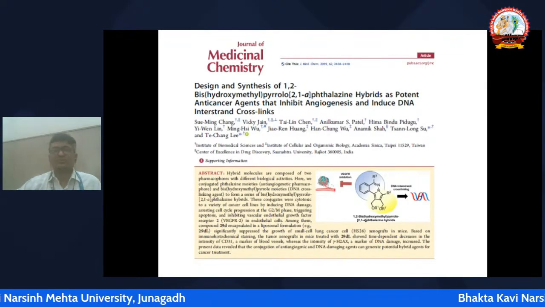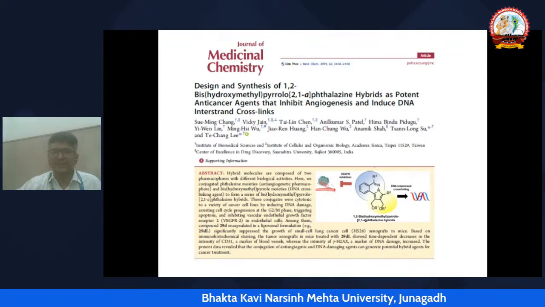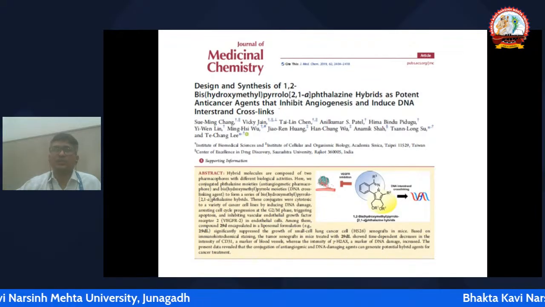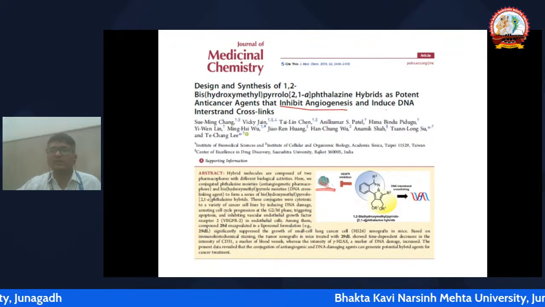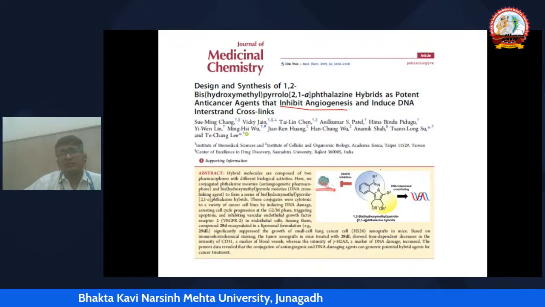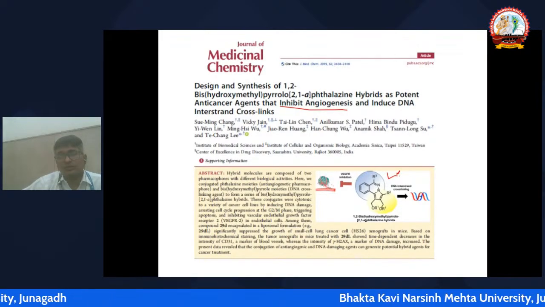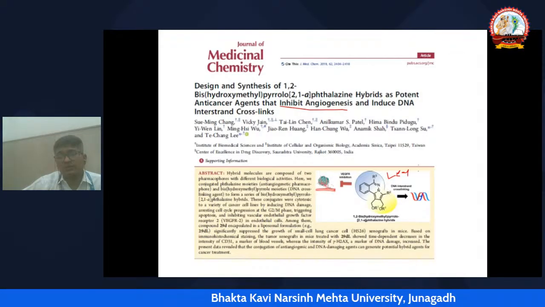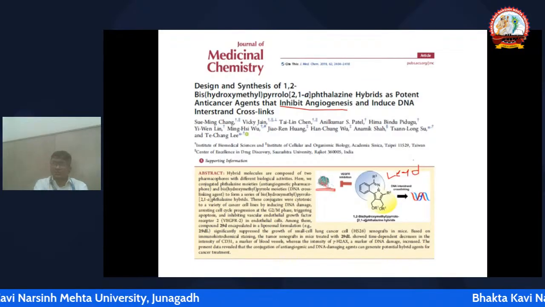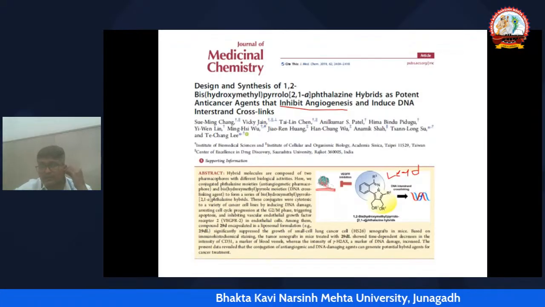It shows inhibition of angiogenesis activity as well as induction of DNA interstrand cross-linking. Now, we find this compound as a lead molecule because it gives very good activity and very good DNA binding property, so we can modify these molecules to give more potency compared with this lead compound.